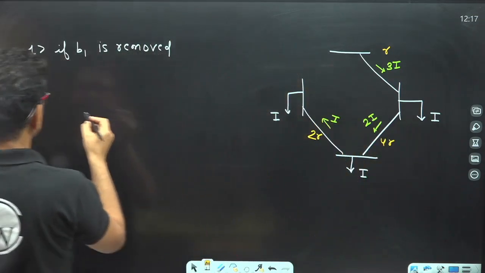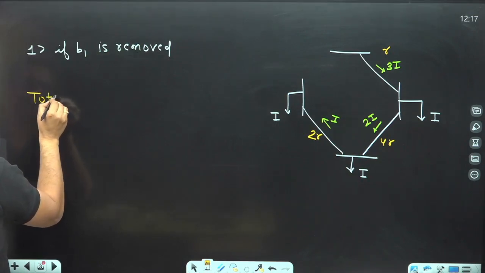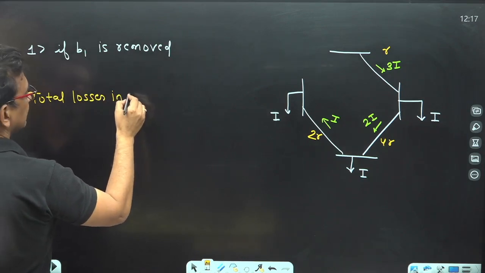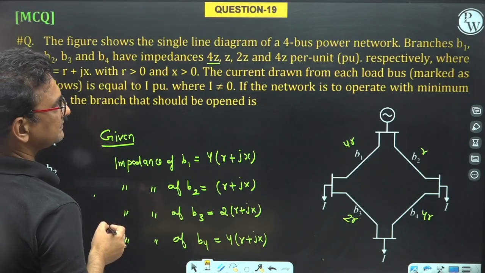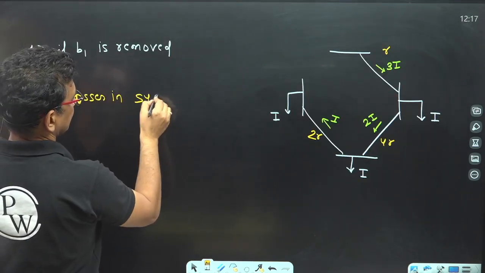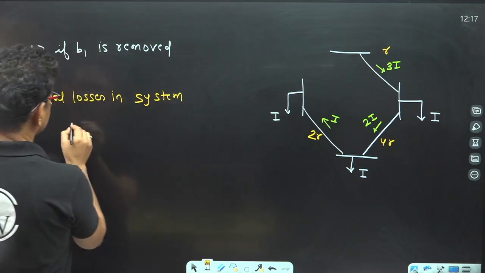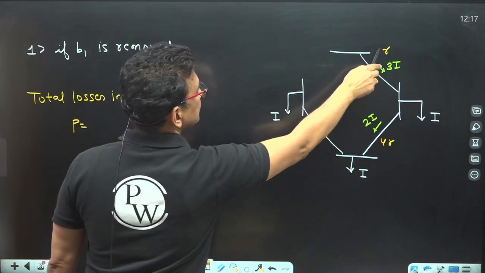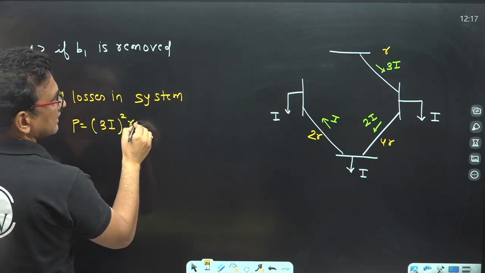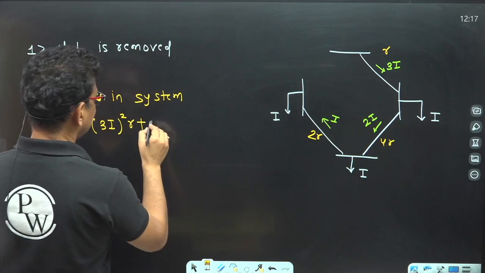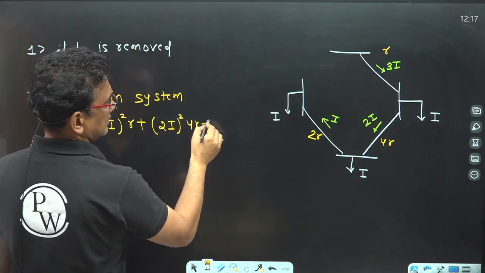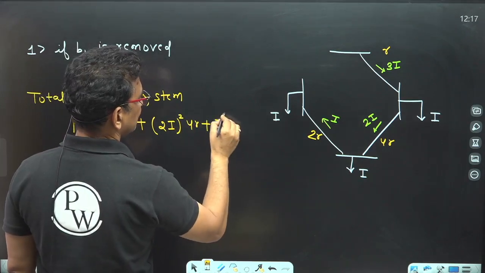Now the total losses in the power system will be 3I square into R, plus 2I square into 4R, plus I square into 2R.